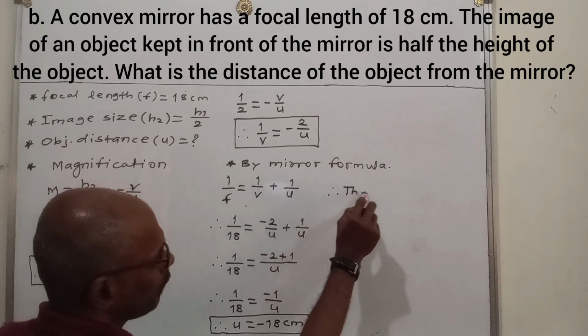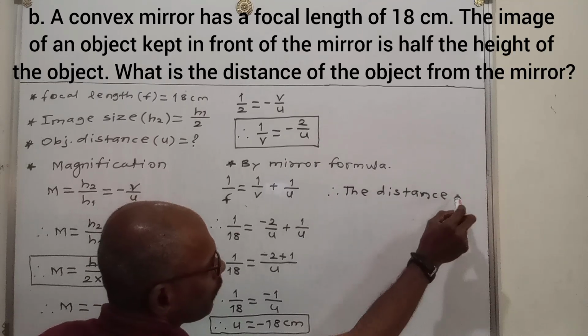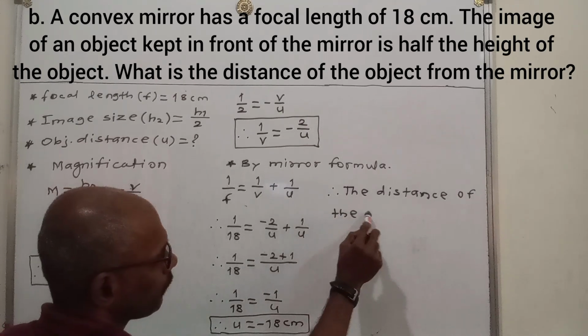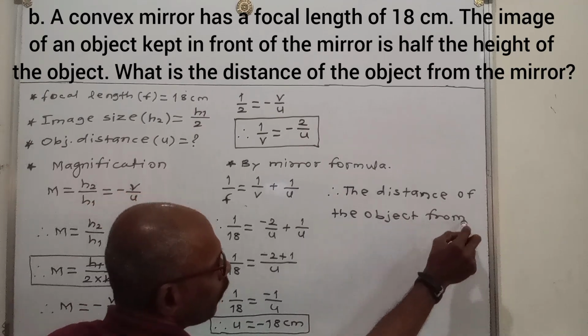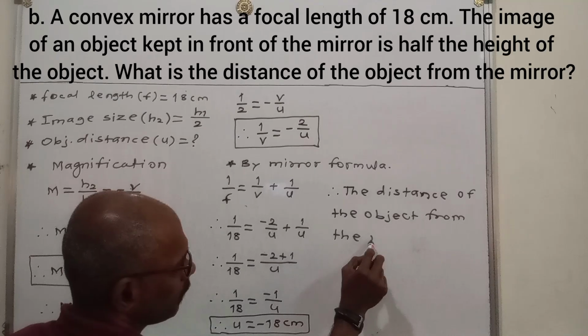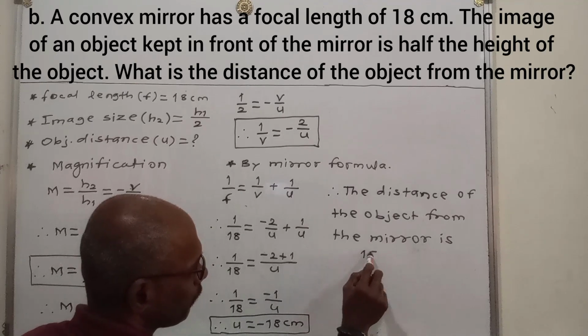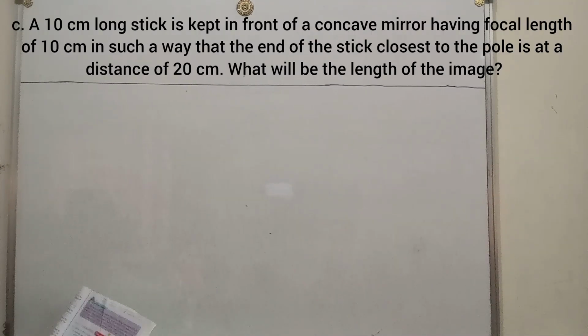Therefore, the distance of the object from the mirror is 18 centimeter.